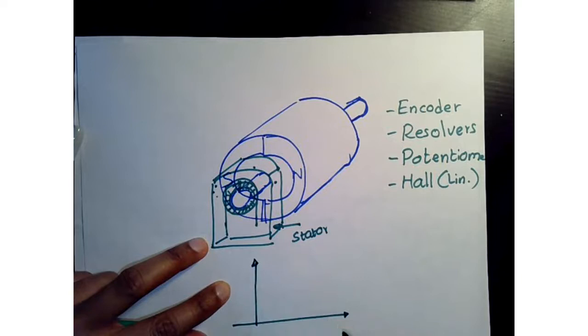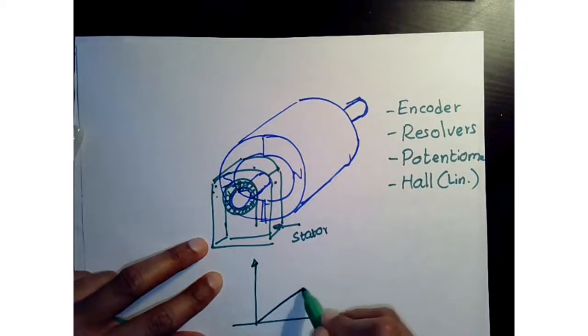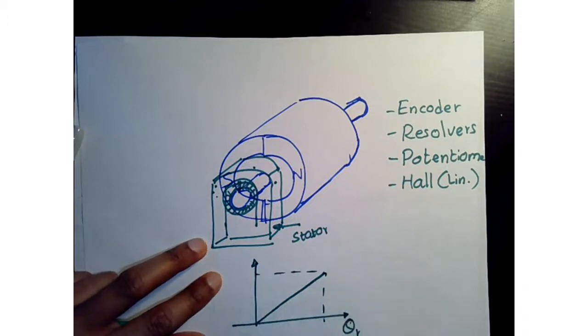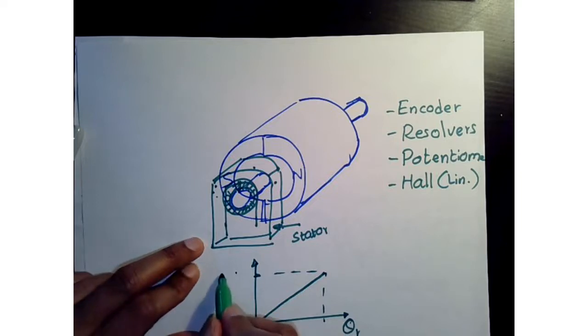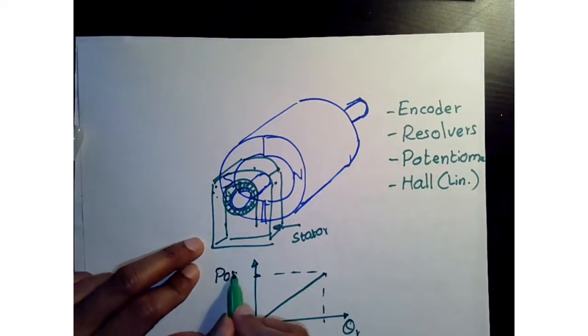Typically, if theta r is your rotor position, you're going to get a linear measurement, depending on the number of poles on the sensor, that you can use to determine where your rotor is at. So this is rotor theta r, and this is the position measurement.